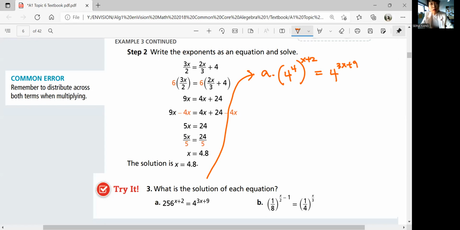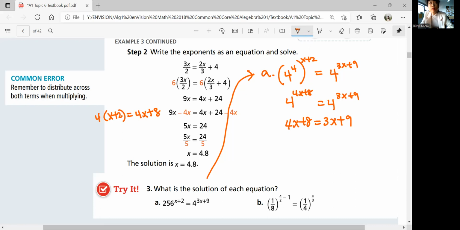And then use the power property to multiply your powers out. 4 times x plus 2 is equal to, distributive property, 4x plus 4 times 2, 8. And so 4x plus 8 is equal to 4 to the power of 3x plus 9. That means your exponents need to be equal. So 4x plus 8 is equal to 3x plus 9.